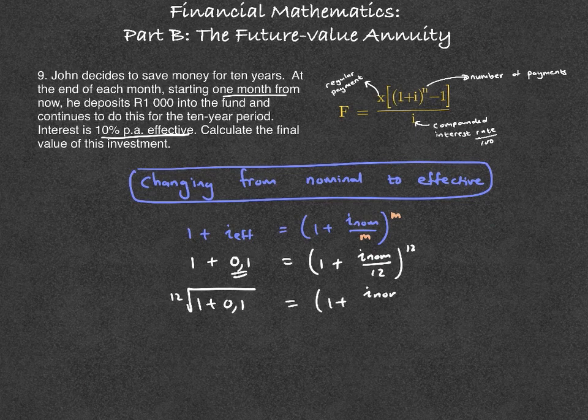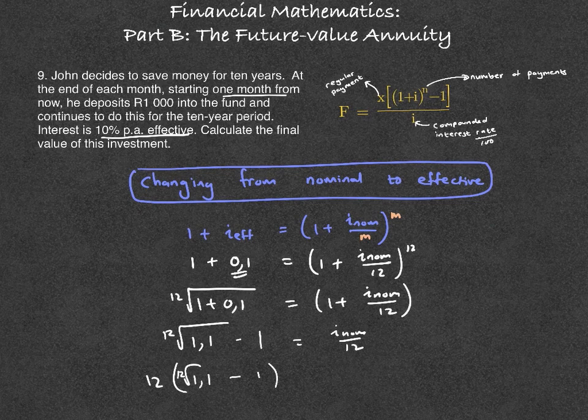All right, and then you minus 1 from that, so it's the 12th root of 1.1 minus 1 is equal to I nominal divided by 12, all right, and then you times that by 12, so it's 12 times all of that, 1.1 minus 1, is equal to I nominal, all right, and then for the rate, then you times that by 100, of course. So if you work it out, just play around with that on your calculator, and you're supposed to get 9.57%. So just check if you can do that.